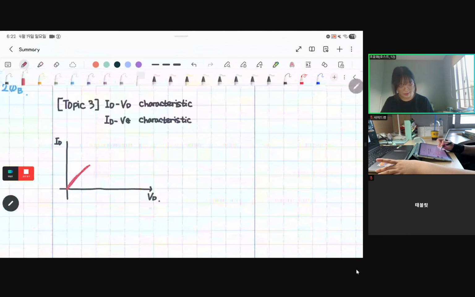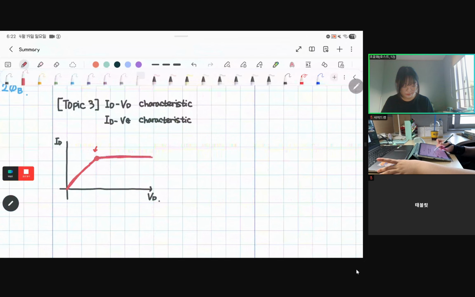But when the drain bias goes higher, pinch off occurs, and even when the drain bias voltage is higher, the current doesn't go higher.